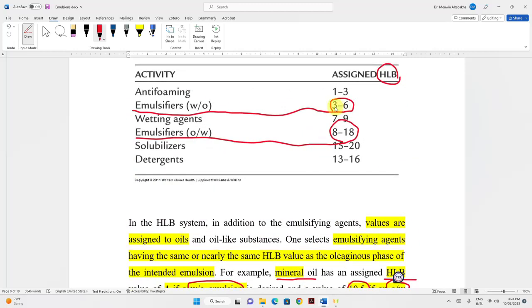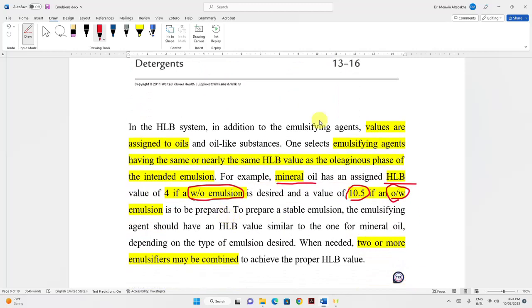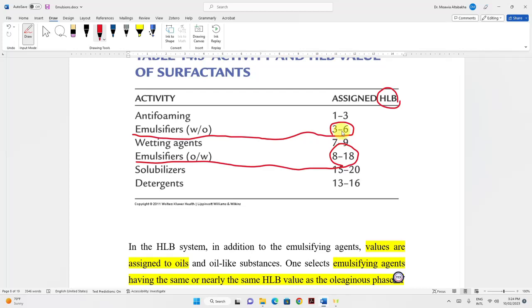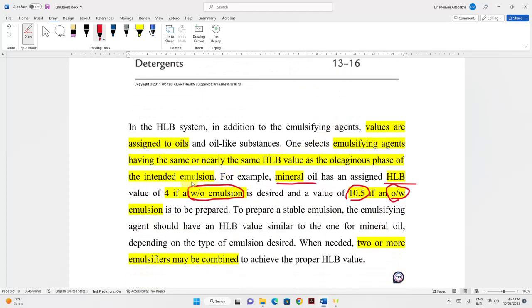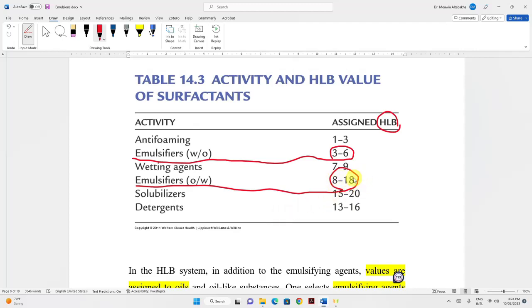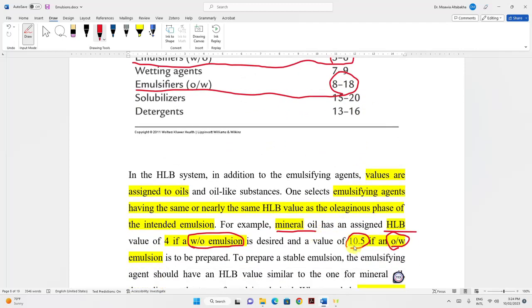Mineral oil 3 to 6. No, don't just choose any 3 or 4 or 5 or 6. No, it has to be 4. It will give you the best emulsion. For 8 to 18, but for mineral oil, the best thing is 10.5. You cannot just go and choose any random value.